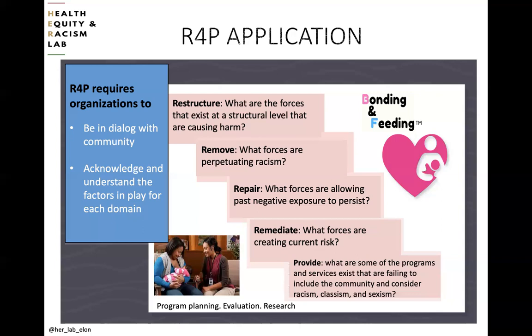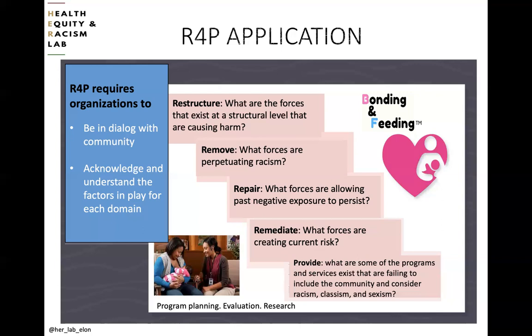So R4P helps you to dive deeper, to examine the forces that are keeping the situation the same, to better understand, investigate, and ask, what are the forces that exist at a structural level that are causing harm or that result in inaction in the face of need? What forces are perpetuating racism? Where is racism operating? What forces are allowing past negative exposure to persist?